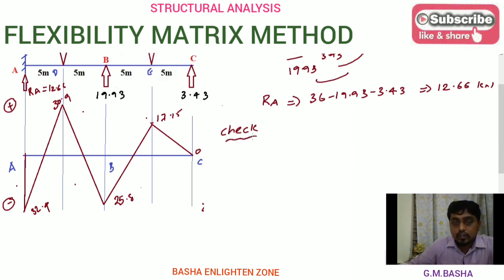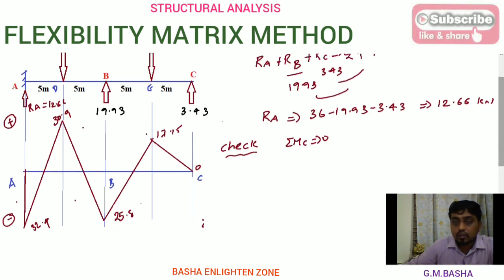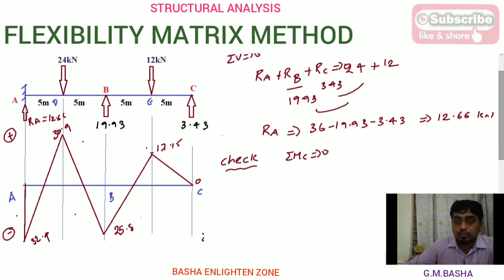Check. So that is sigma MC will be equal to 0. I am resolving entire forces up to that particular point. See here. Force into distance. So clockwise positive, anti-clockwise negative.